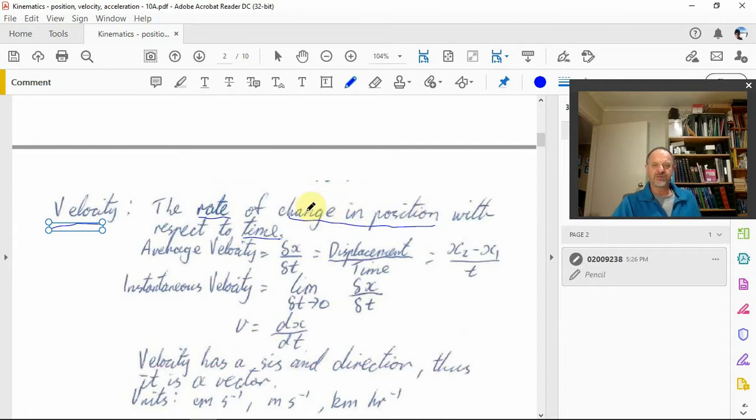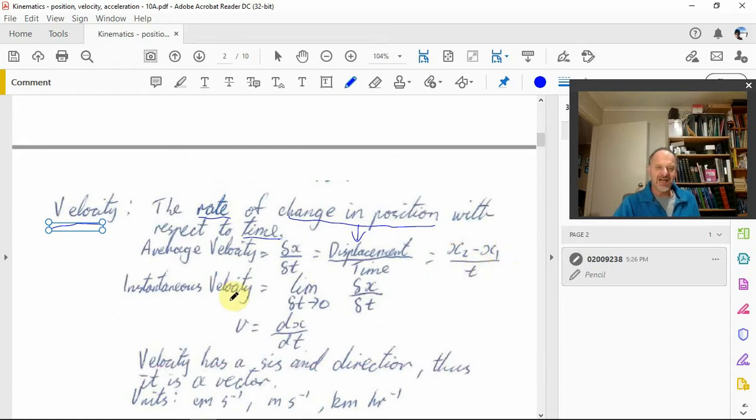Change in position with time. Of course, change in position is displacement. So the average velocity would be delta x over delta t, the displacement over the time. Displacement, of course, is our change in position, so our final x2 minus where we started off, x1, over the time.